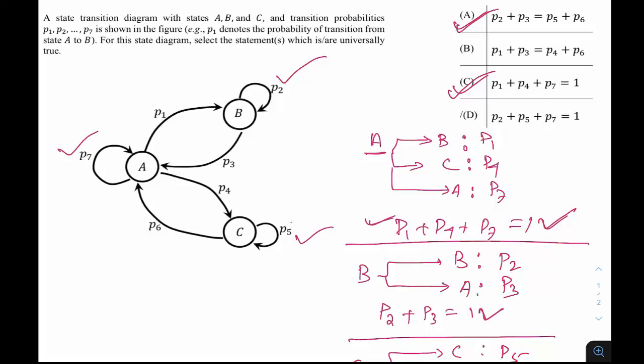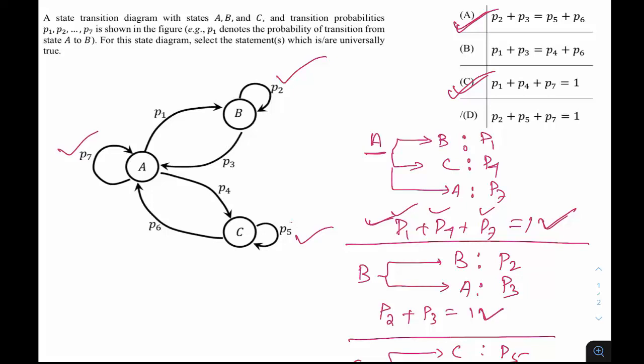In equiprobable cases, you can say fine, if I add all of this it will be 1. But if it is unequal probable cases, the sum of P1 plus P4 plus P7 will be 1, but they are not necessarily the same individually. That means P1 plus P4 plus P7 equals 1, but it doesn't mean that P1 equals P4 equals P7. That is not necessarily true, because there is no information regarding probability.